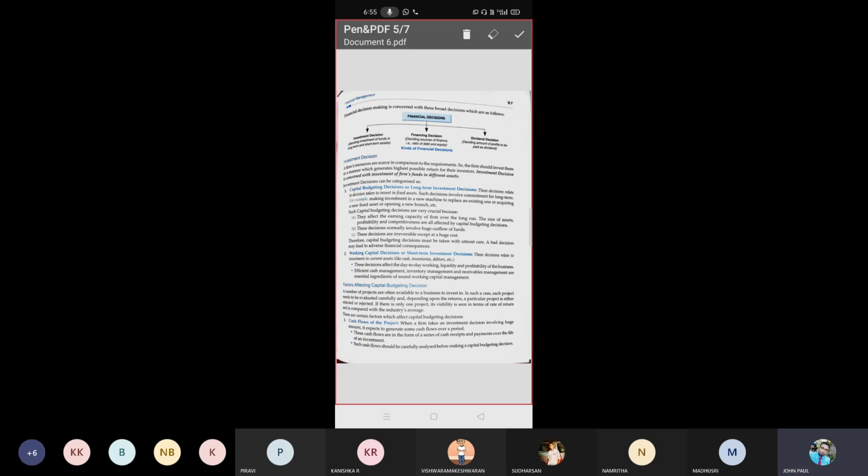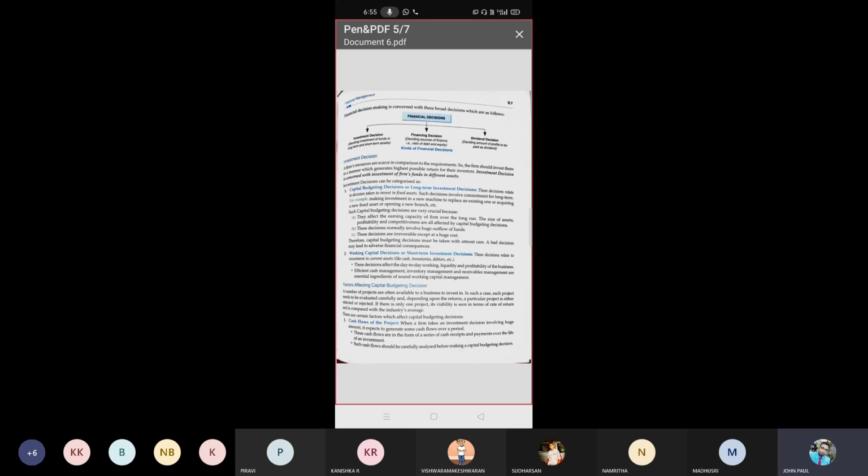He made everything computerized. He now has a branch in Tiruppur, a branch in Erode, then Pollachi, then Trichy. Within a short span of time, that is what investment is.